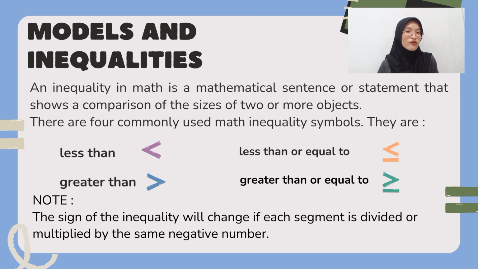There are four commonly used math inequality symbols: less than, less than or equal to, greater than, and greater than or equal to. Note, the sign of the inequality will change if a side is divided by or multiplied by the same negative number.